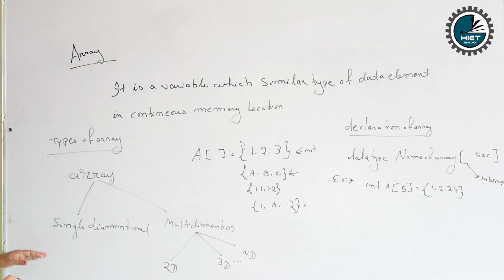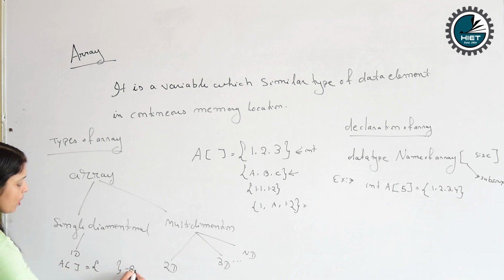In single dimensional we are using 1D. 1D represents one dimensional, where we can store the data either in a single row form or single column form.